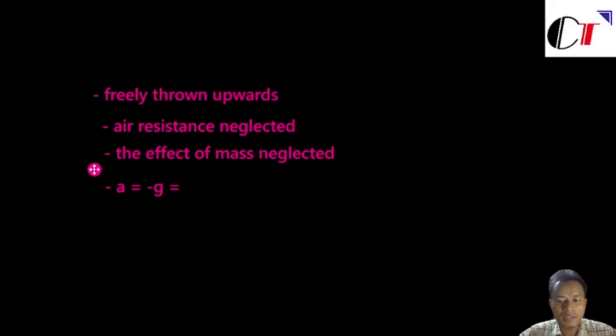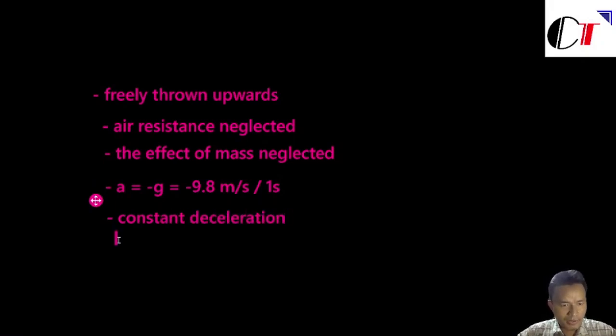And of course, this means every 1 second your speed will be reduced by 9.8 meter per second, and that is the reason the type of motion is constant deceleration motion, and the equation that you can use to find the speed at any time t is just u minus gt.